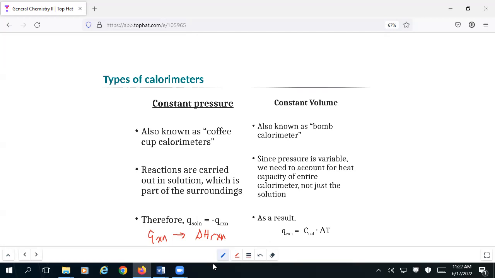The vessel itself gains heat. The air above the solution gains heat. And we can wrap all of that into a singular constant rather than looking at the specific heat of an individual piece of it. And so when we do that, the heat of the reaction is equal to the opposite of that calorimeter constant multiplied by the change in temperature inside of the calorimeter.